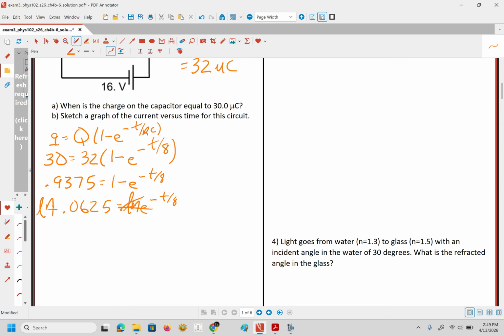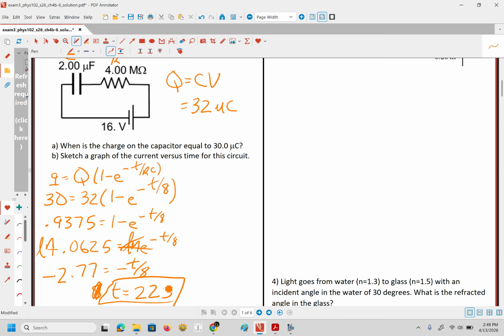So the natural log of 0.0625 is negative 2.77, which is equal to negative t divided by 8. So t is equal to 8 times 2.77. I get 22 seconds. Is that right? Yeah, 22.2. So 22 seconds is the time to reach that charge of 30 microcoulombs.